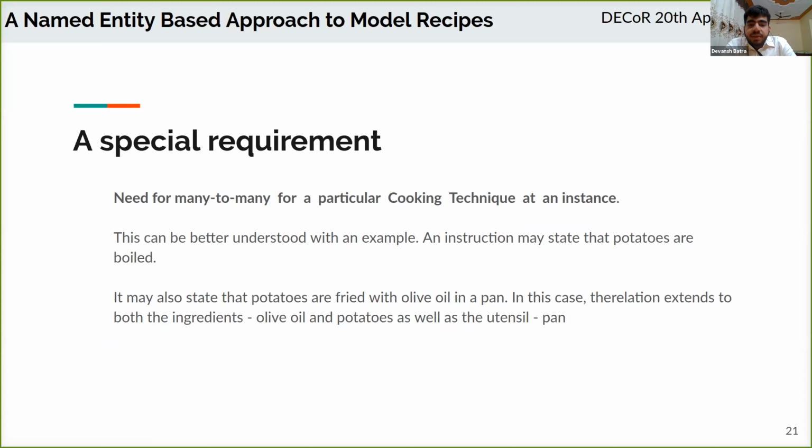So you can see the same verb or the same process actually represents two different relationship tuples. So we can say that olive oil, potatoes, and pan, all of them are being subjected to the same process. This is what we mean by many-to-many relationships over here. For further clarification, please refer to the paper.